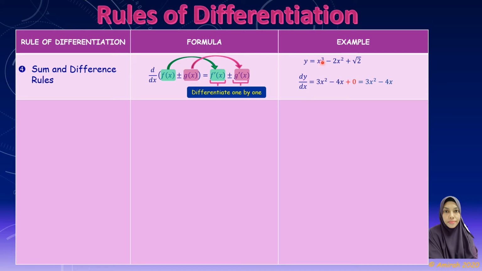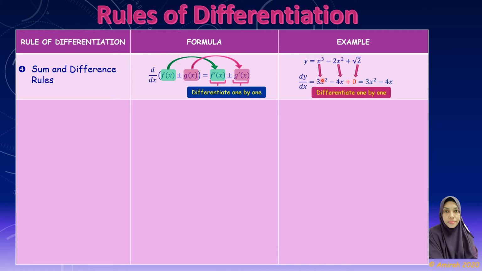We differentiate x cubed, so the answer is 3x squared using power rule, and then we differentiate 2x squared, so the answer is 4x, and then we differentiate 2. 2 is a constant because there is no variable x, and when we differentiate a constant the answer is 0. Actually, 0 no need to write. So the final answer is 3x squared minus 4x.